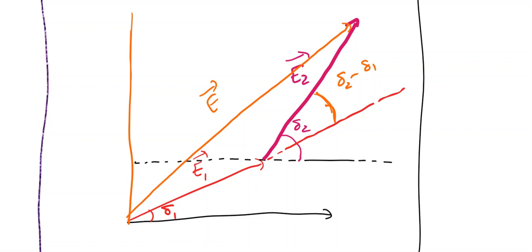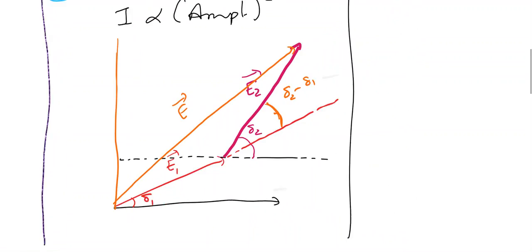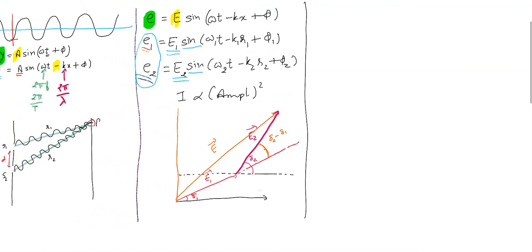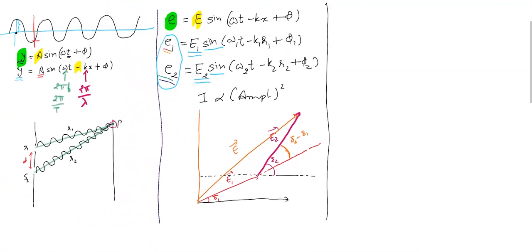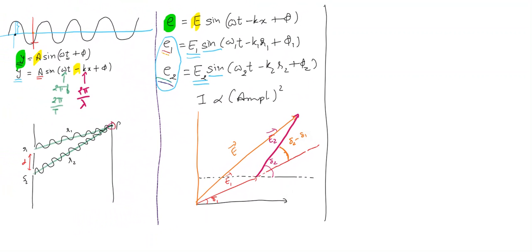That is how we can find the resultant electric field, which we will not need because E is enough for us. So what is the equation of E? We know from our previous chapter of vectors in 11th standard that E square can be given as E1 square plus E2 square plus 2 E1 E2 cos of delta 2 minus delta 1.